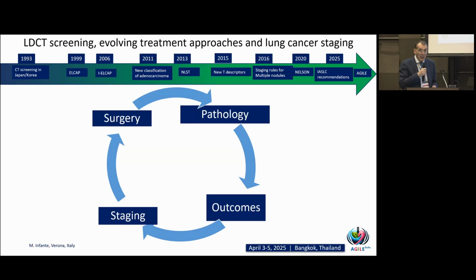As you know, you get specimens from surgical procedures, and then you get the pathology, you get survival curves, and these are used to build T categories, staging categories, and then in turn the new staging will influence subsequent therapeutic choices.